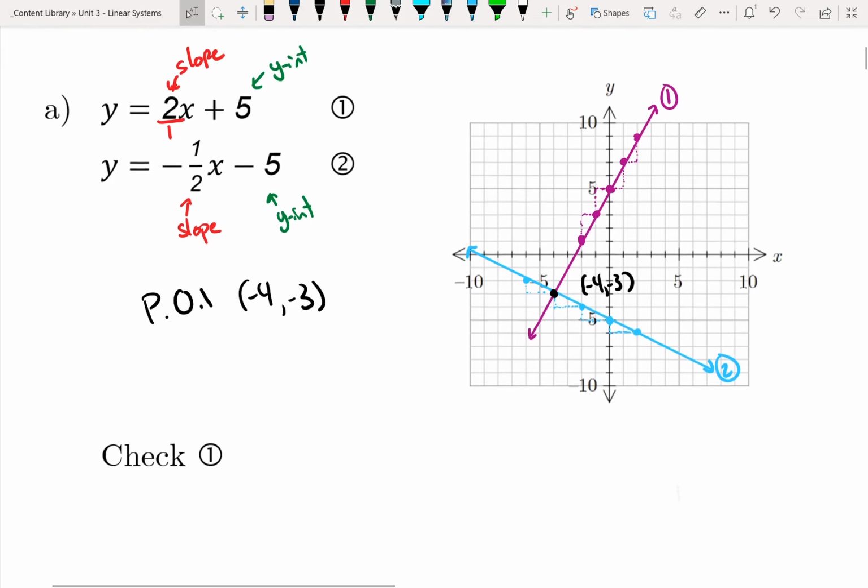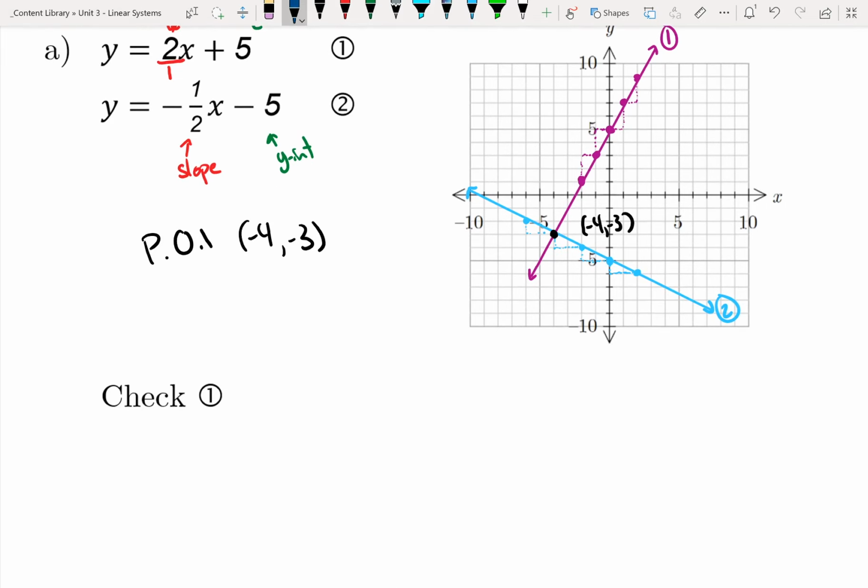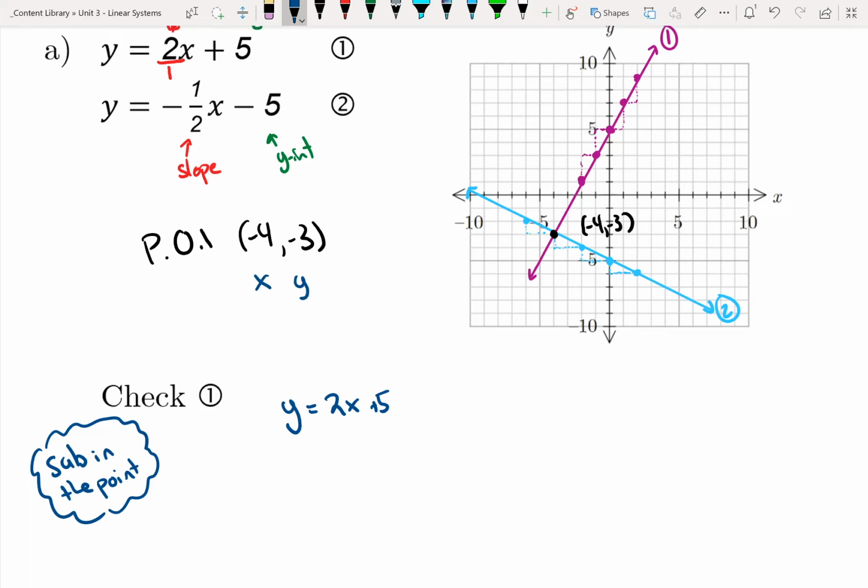Now, if I want to check this, I do something similar to how we've checked an answer before using our equation of a line. I'm going to start with the equation y equals 2x plus 5, and we're going to sub in the point, because remember that a point is just an x and a y coordinate.